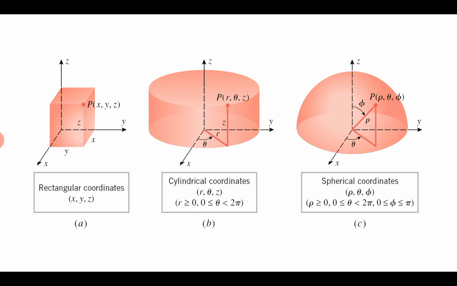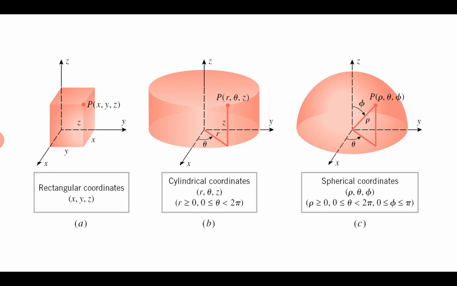In the case of the x, y, z system, x, y, z can take any value from the real number field. But in the cylindrical coordinate system, r is positive and theta is allowed to take any value from 0 to 2 pi. That is, the location of a point in 3 space is described by using two distances, r and z, and an angle measure theta.